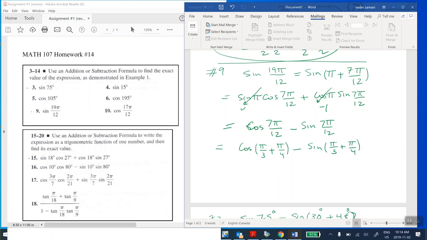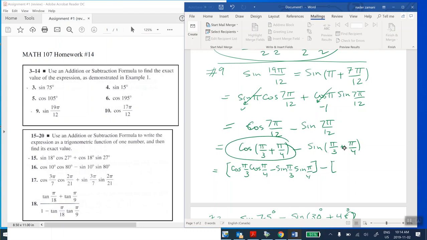Now, for each one of these, I can apply my formulas. The first one I'm going to put in brackets: cosine of pi over 3, cosine of pi over 4, minus sine of pi over 3, sine of pi over 4. That takes care of the first term.